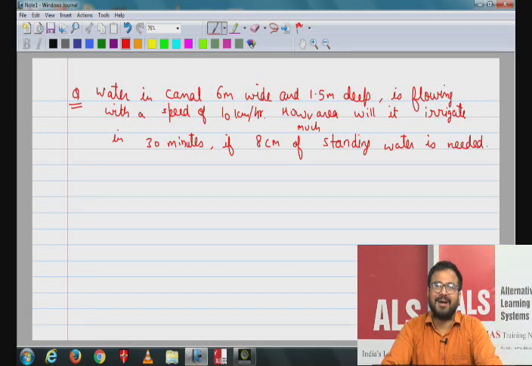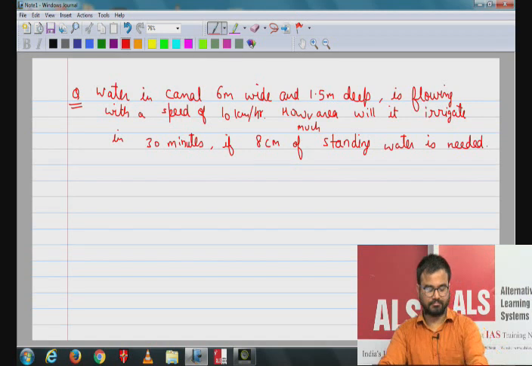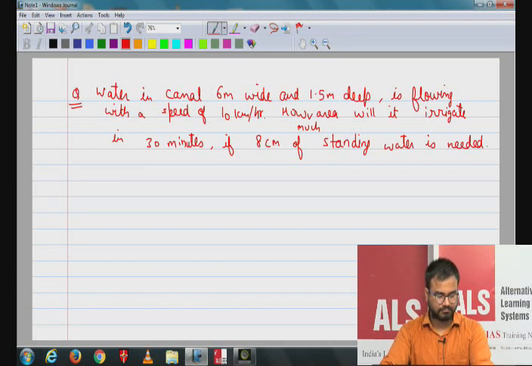Are you getting this, like how to solve this question? Good afternoon, Tamenglong Center. Try this question based on the concept of volume.